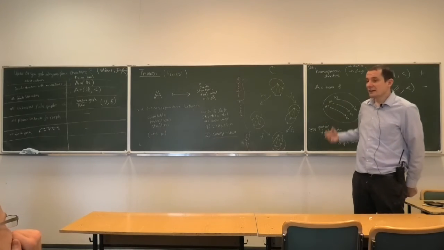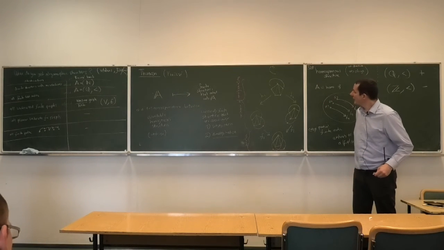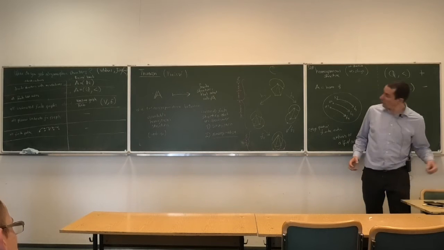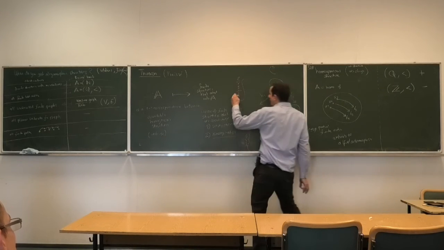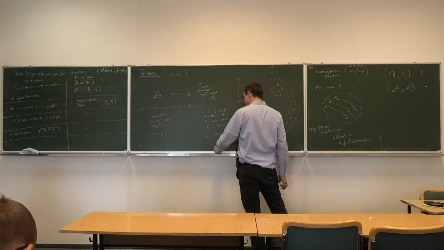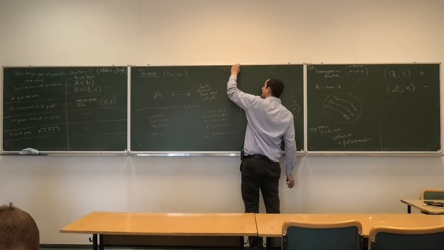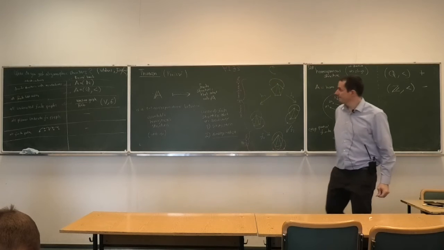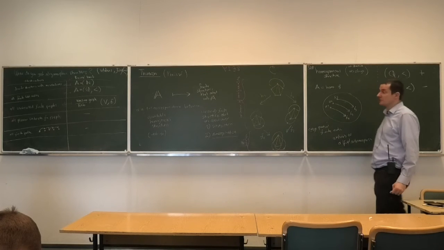So the property is that for every instance there exists a solution. Okay? And everything has to be in the class, so the amalgamated thing has to be in the class.